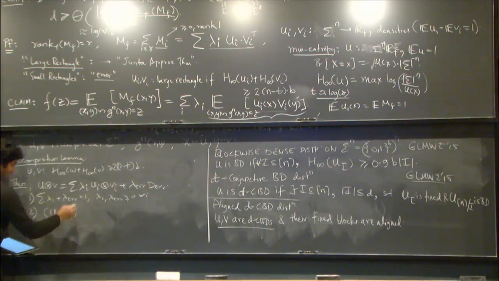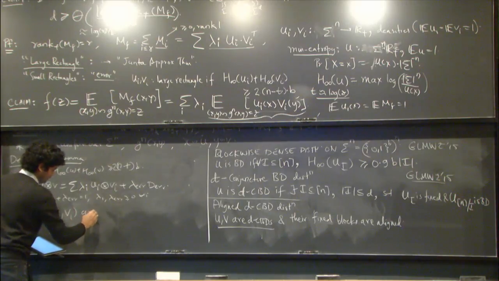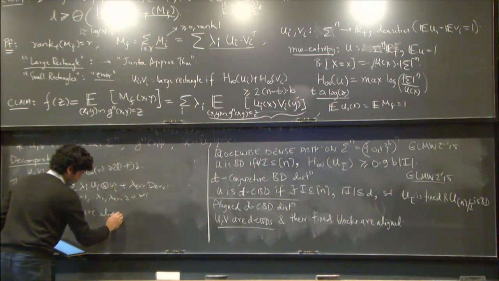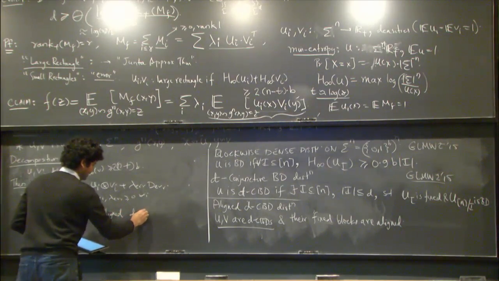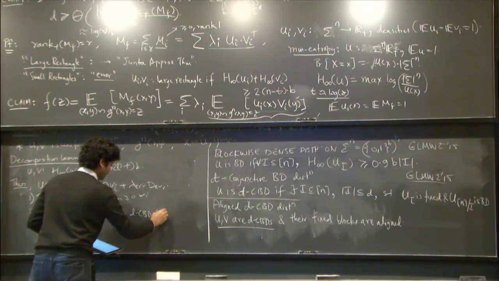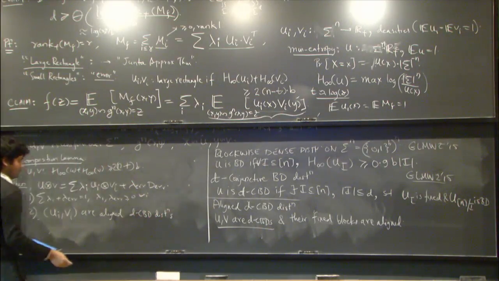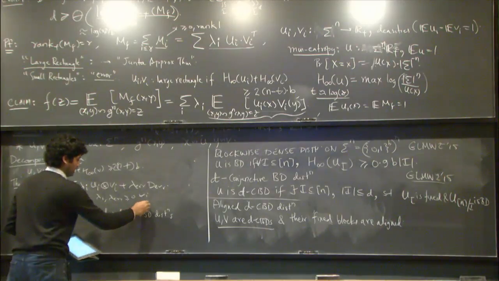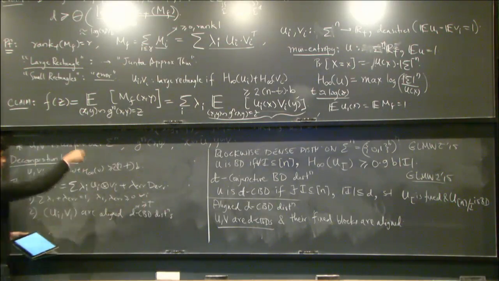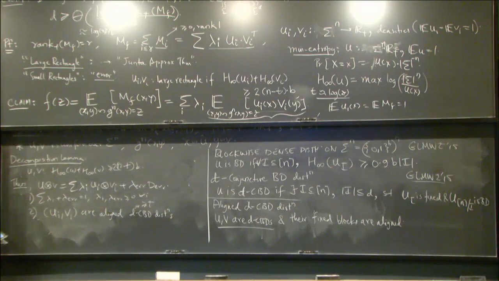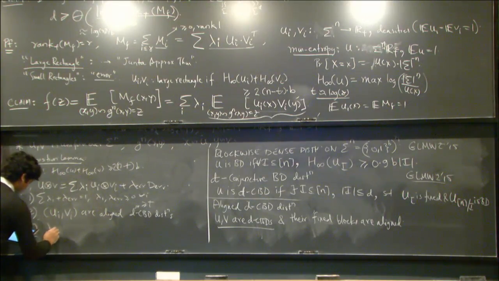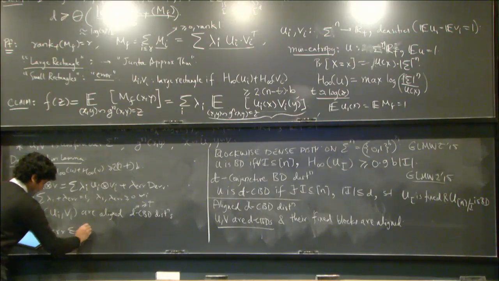Each of the individual components are aligned D CBD distributions, and this D is going to look like whatever is the entropy deficiency. And lambda error is exponentially small.